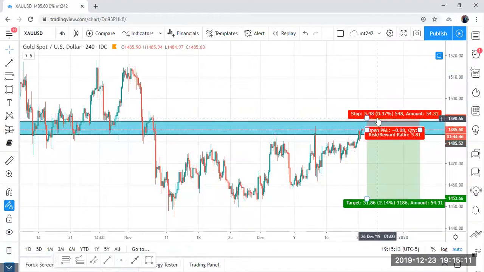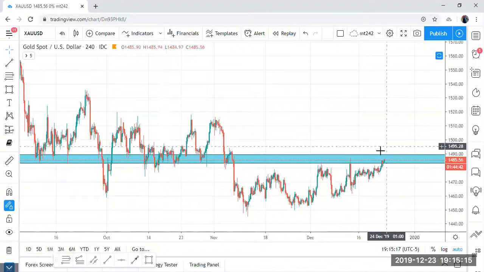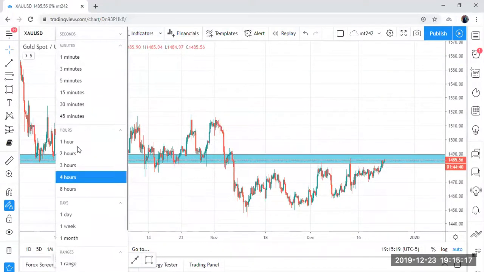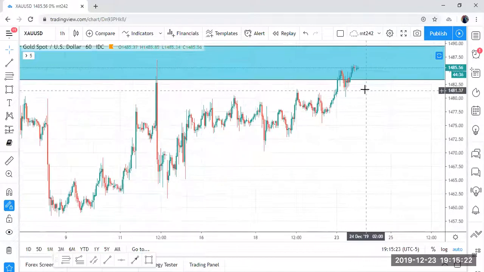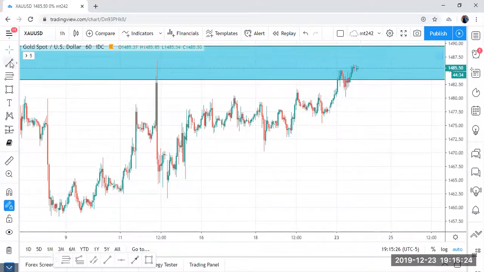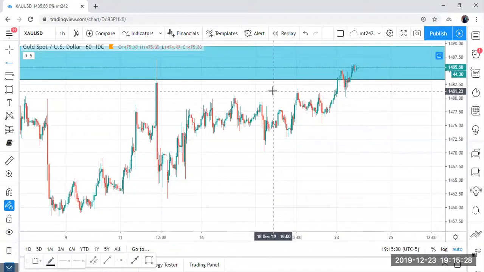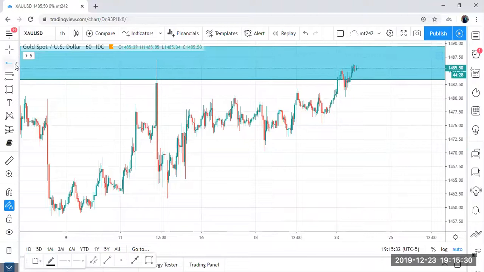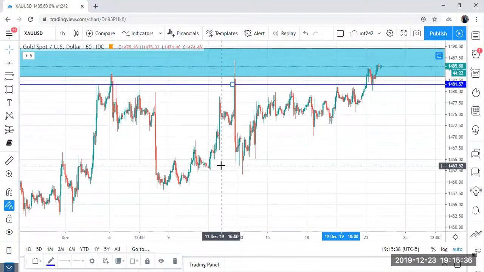So with gold right now, because it's at this key level here, we can go down time frames just to see what's going on. The higher the time frame, the stronger the confirmation.